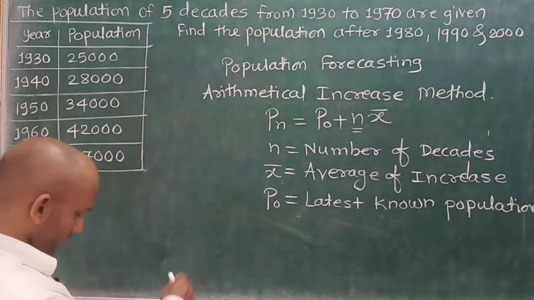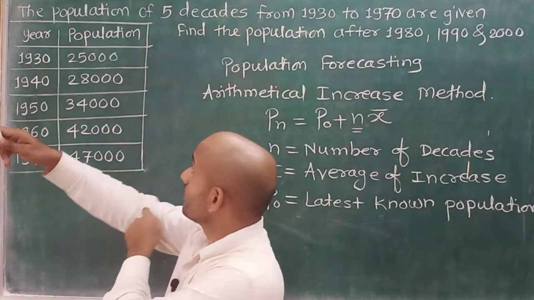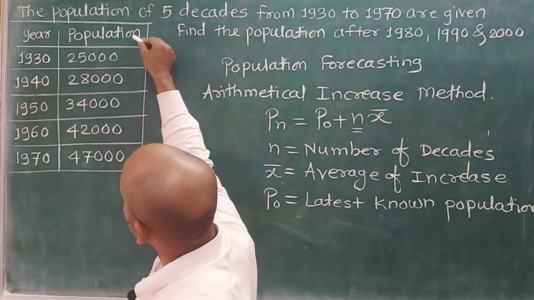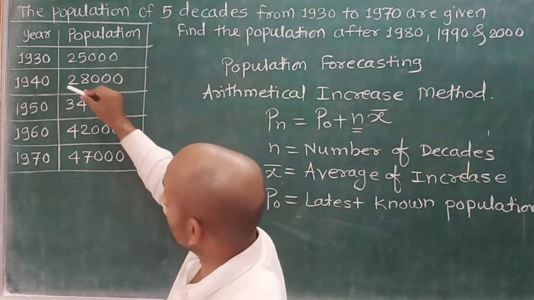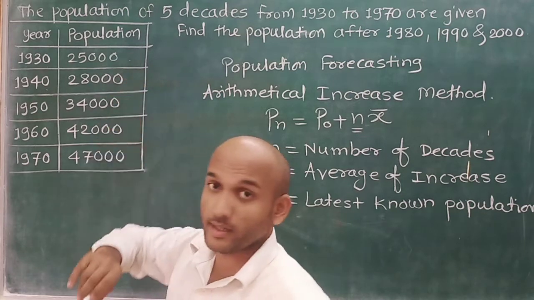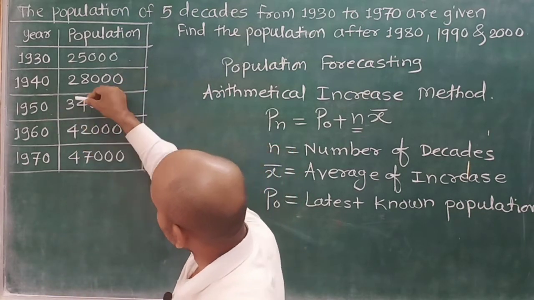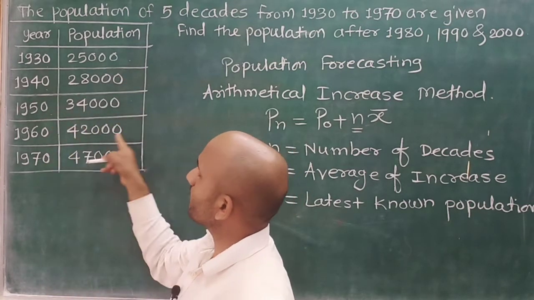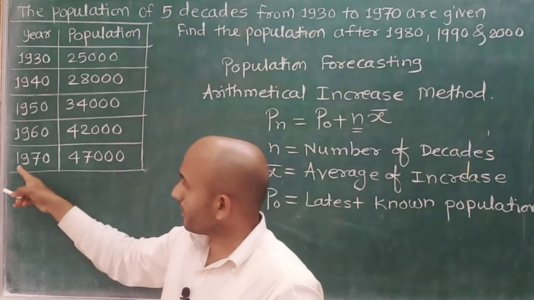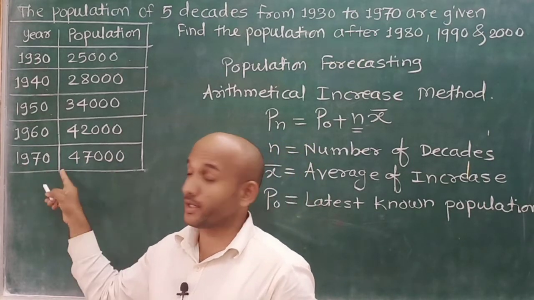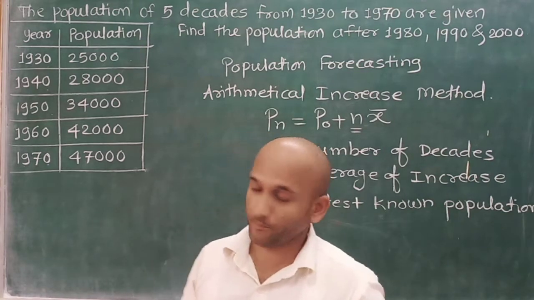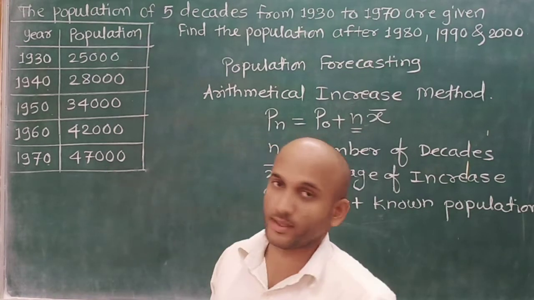In 1930 the population was 25,000, in 1940 it was 28,000, in 1950 34,000, in 1960 42,000, and in the last decade, 1970, it is 47,000.